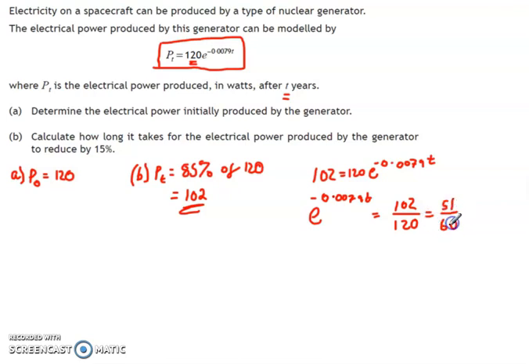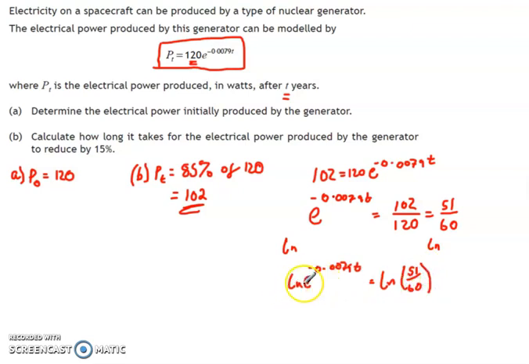Then we want to get rid of the e. Now in order to do that, if we take the natural logarithm ln of both sides of the equation, what's going to happen is we're going to have ln of e to the negative 0.0079t equals ln of 51 over 60.